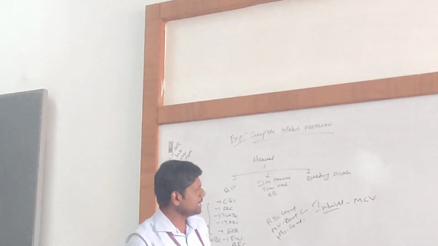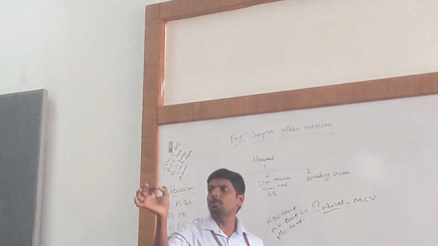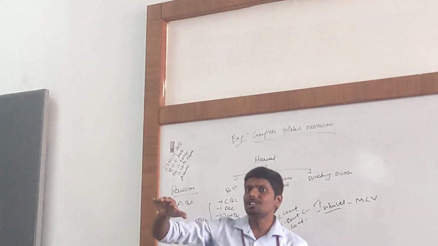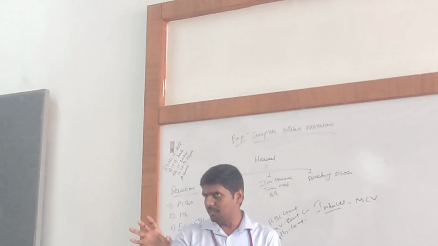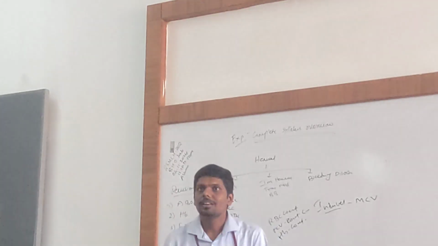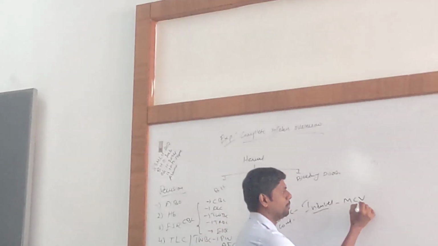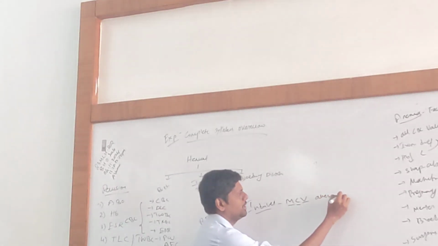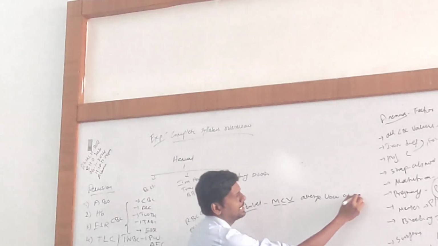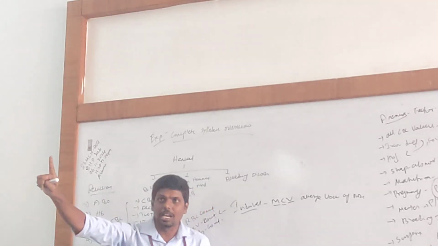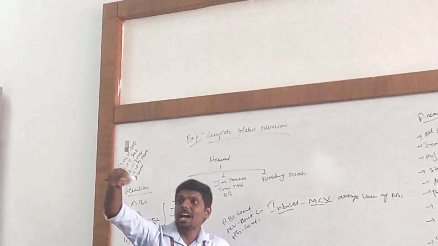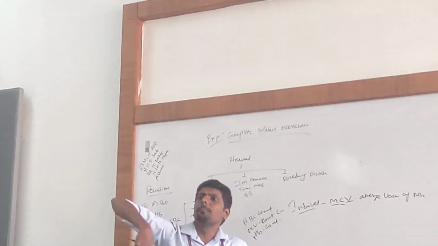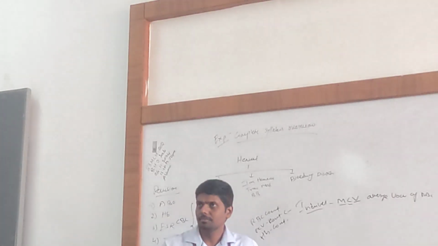So here, MCV, the mean corpuscular volume: what is the average volume of the red blood cell in a given population? I am not talking about a single red blood cell, keep in mind. I am talking about the average volume in a population of red blood cells.